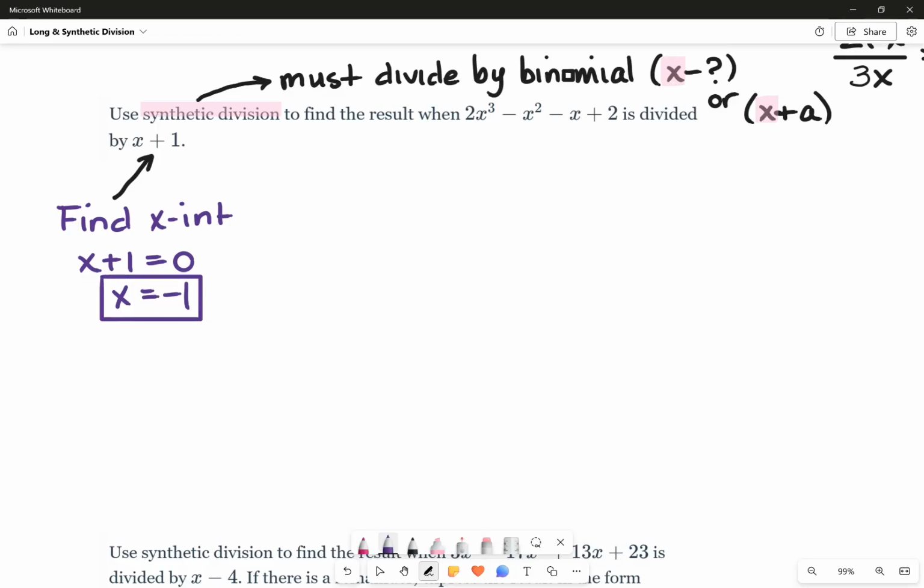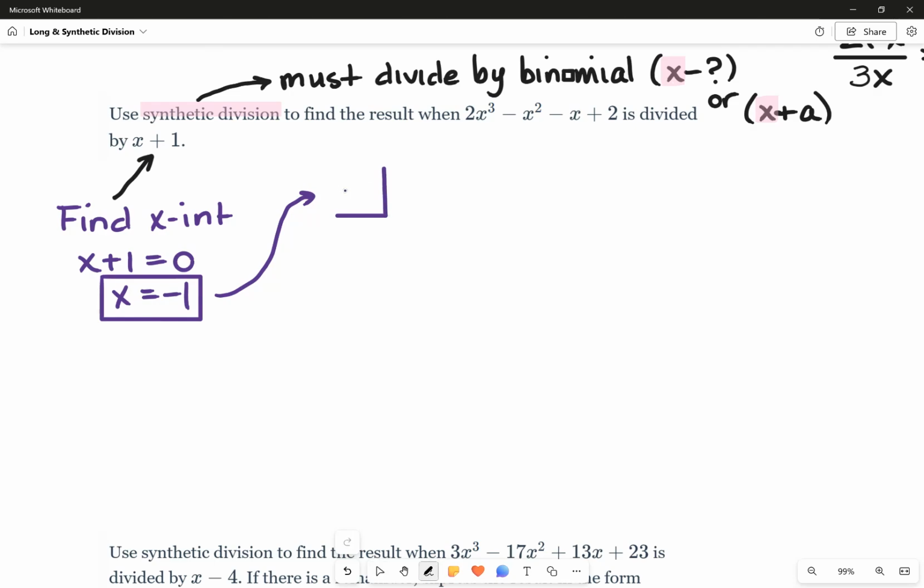Once you have found that x-intercept, I want you to come over and draw this backward-looking L, like a backwards capital L with a 90-degree angle. And this is me being OCD. There we go.